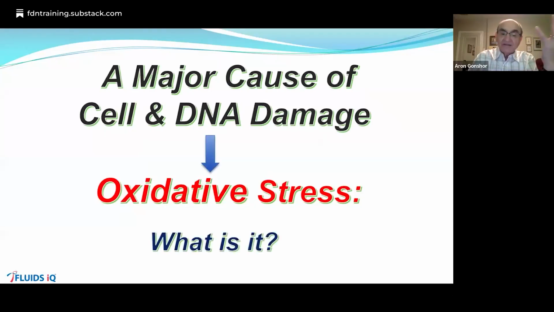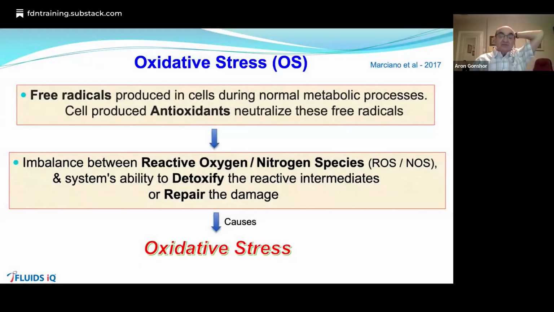Now, what is it? Well, oxidative stress is the following. A cell every second of the day, in trying to produce oxygen to be able to have the mitochondria function, produces free radicals. And we're not going to go into what all of that is about. That's a separate lecture. It is produced in the cells during normal metabolic processes. There's nothing abnormal here. That's what happens.